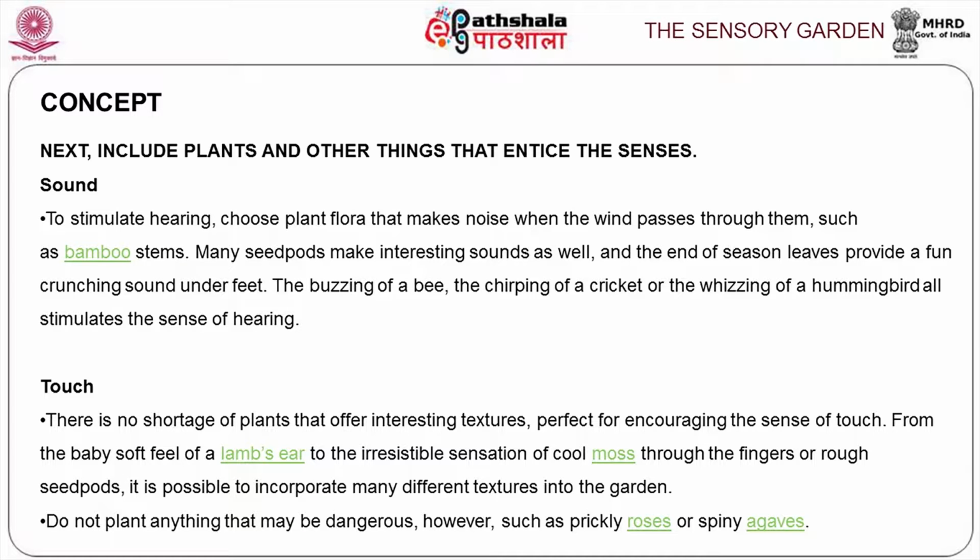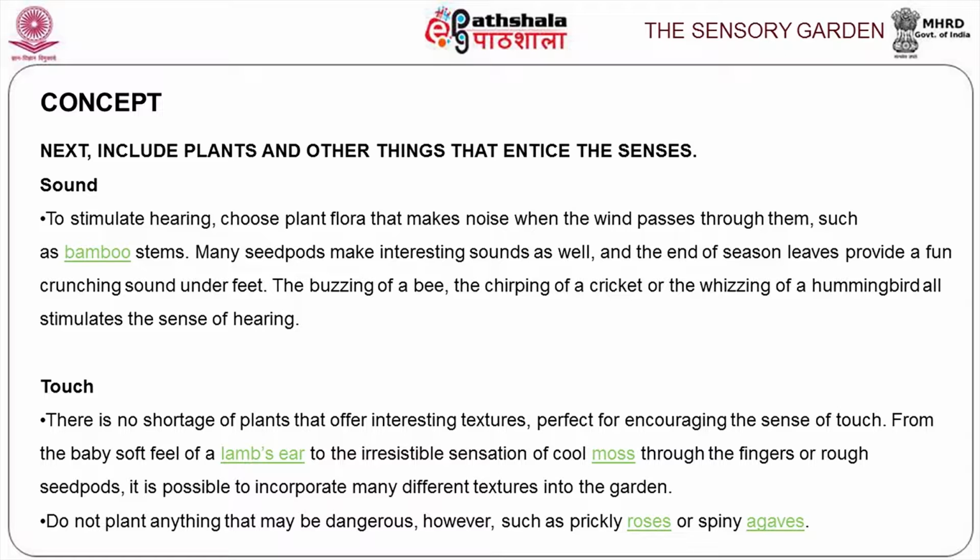The concept is basically we are talking about sound. What is sound? How to stimulate the hearing? Choose plant flora that makes noise or sound, pleasing to your ears when the wind passes through them, such as bamboo stems.